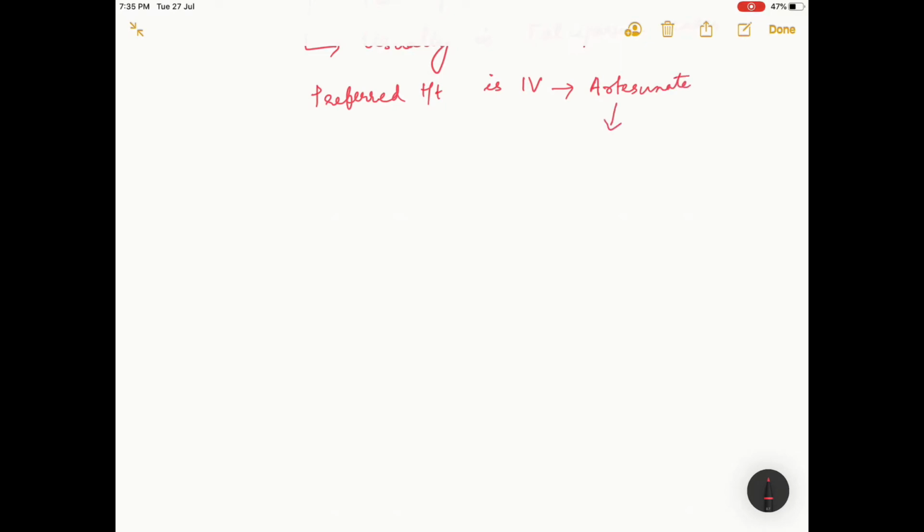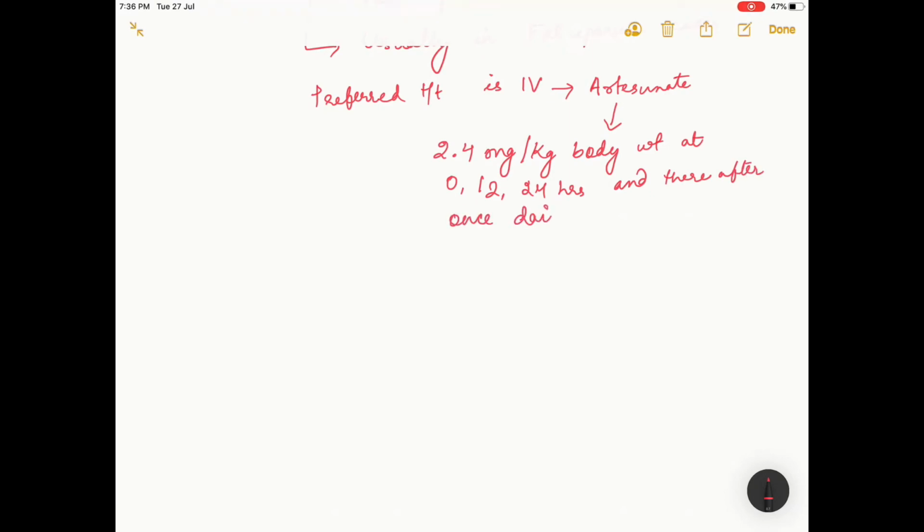What is the dose of this artesunate? It is 2.4 milligram per kg body weight at 0, 12 and 24 hours, and thereafter once daily.